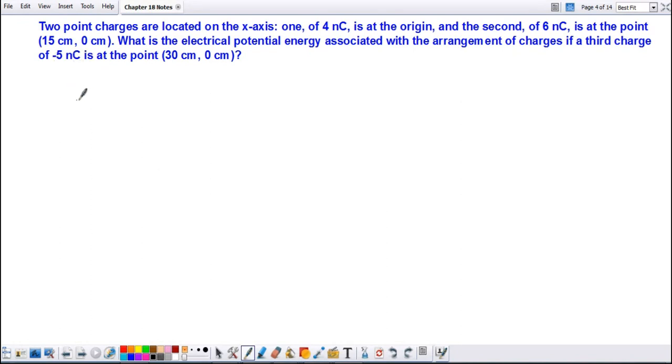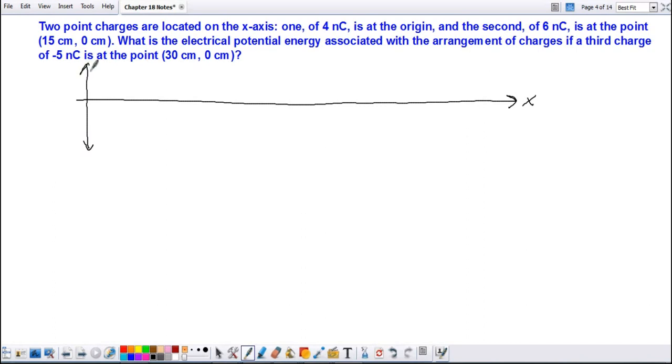Draw the x-axis here. One of the points is at the origin, so we've got the y-axis. So the first point is at the origin, and it is 4 nanocoulombs. I'm going to call that Q4.